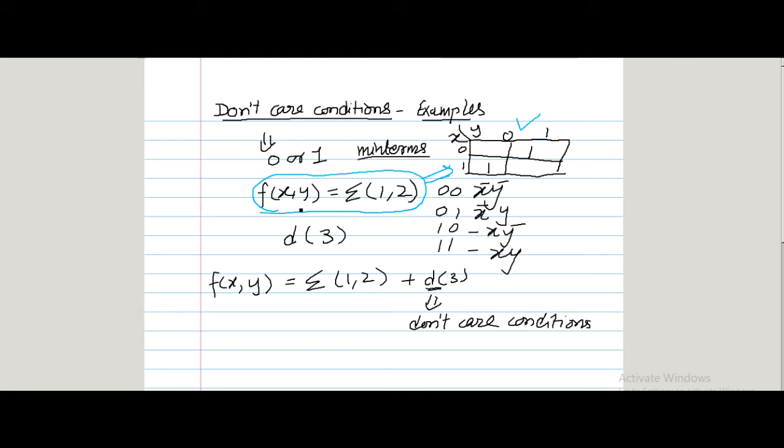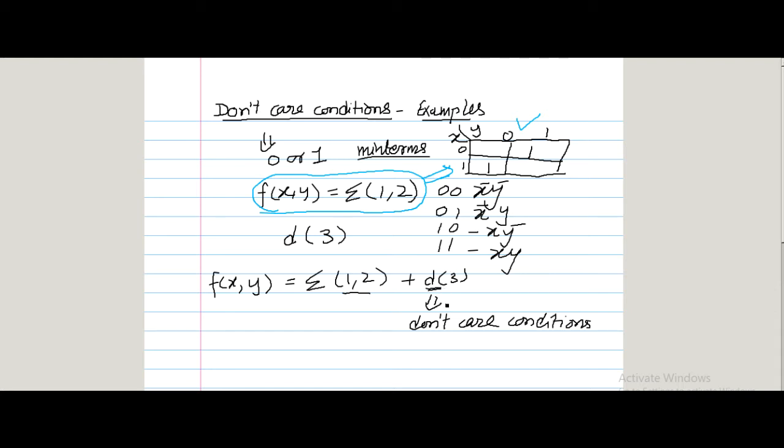And if I want to calculate this expression in the form of product of sums, then I will specify 0 at this place. Here we have 1 comma 2, so we have already assigned 1 at these two places, at position 1 and position 2 in the Karnaugh map, right?